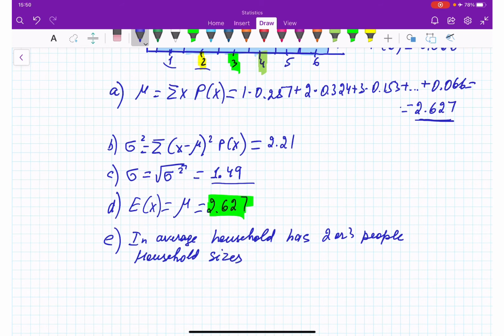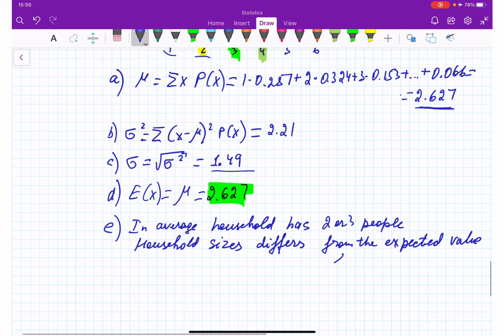Since we have 1.5, obviously we can't take 1.5 people, so household size differs from the expected value by 1 or 2 people.